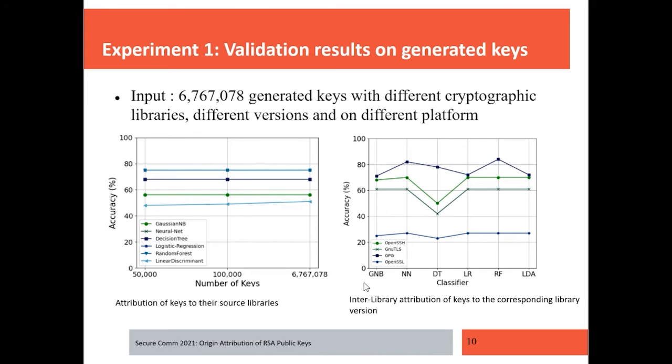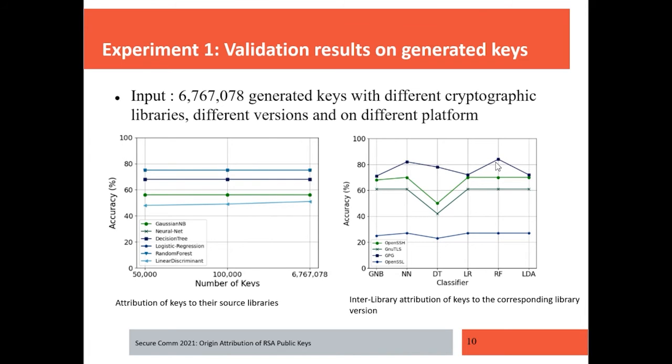In the second experiment, we want to show the attribution of each key to the corresponding library version. As we can see here, we can attribute with random forest with 85% accuracy. I think this is for GPG keys.